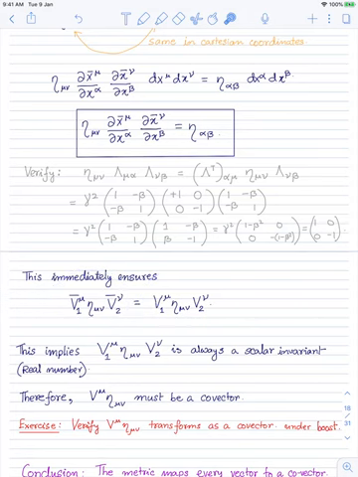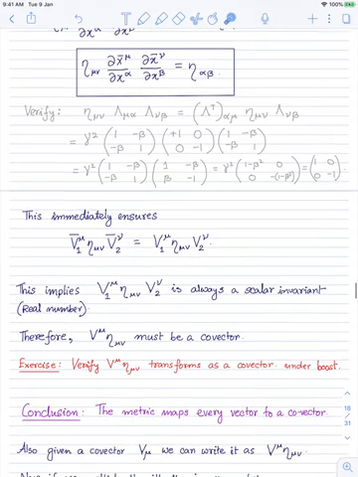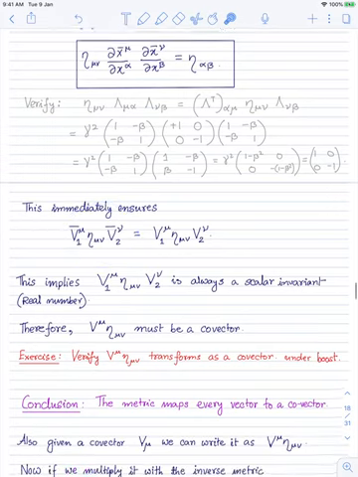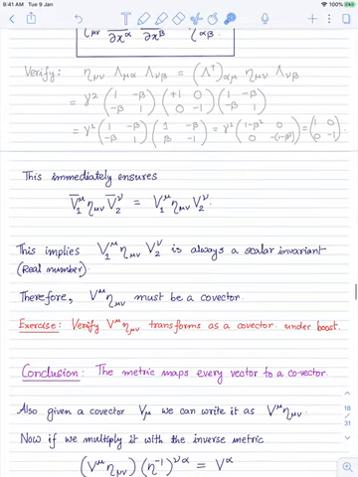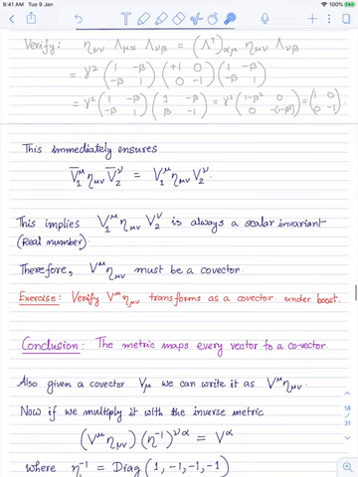So we conclude this is an invariant under boosts. This object is an invariant, and we call it a scalar. By scalar we mean something which does not transform. So this is a scalar invariant.